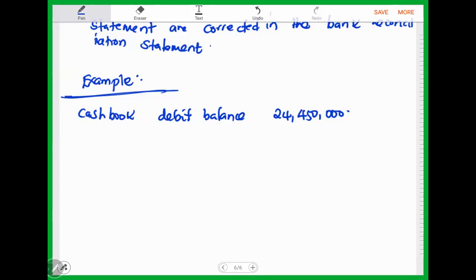Note number two, checks from customers totaling to 14.45 entered in the cash book on 31st December 2012 were not credited by the bank until 3rd January 2013. Which check is that?